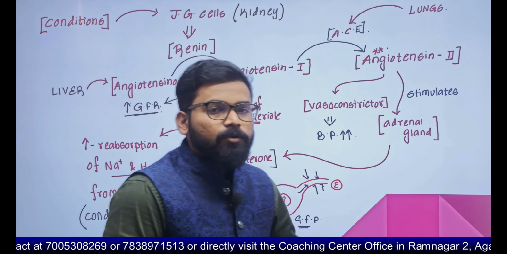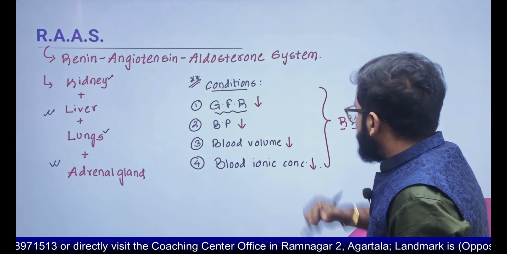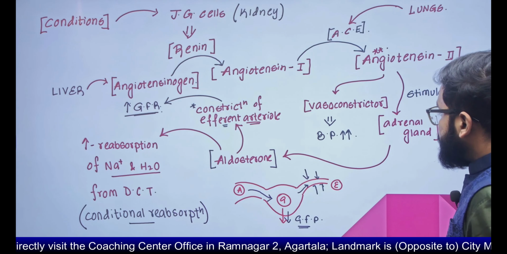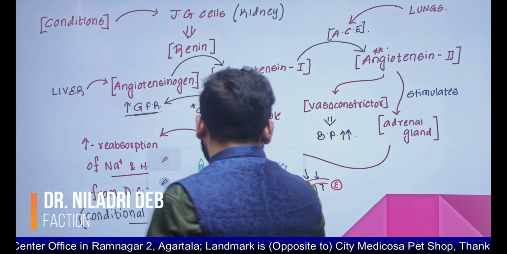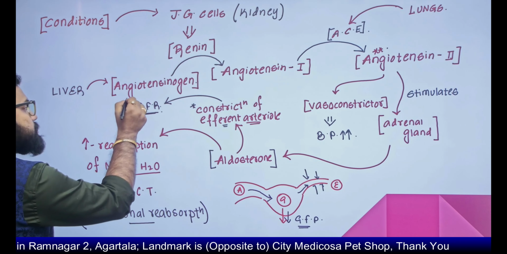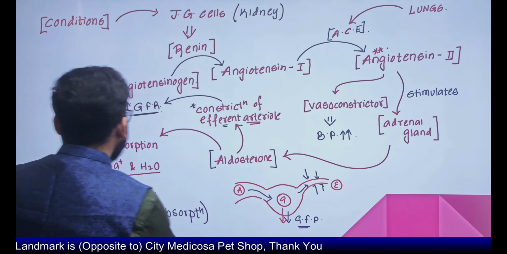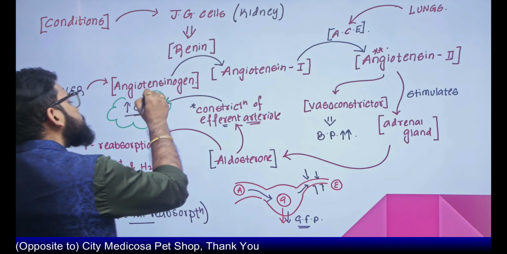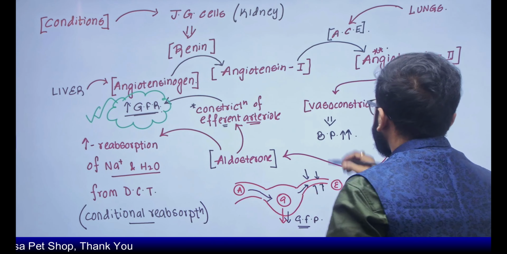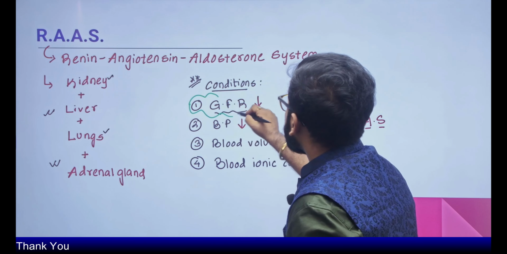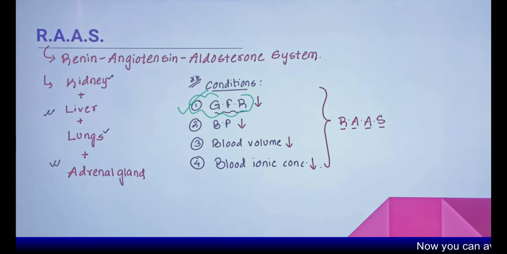Now let's see whether our problem is solved or not. First, the first condition was GFR was low. Here we can see that the GFR has increased. So our first problem is solved. This was our first problem regarding GFR. Second was the blood pressure. Let us see whether blood pressure has increased or not.